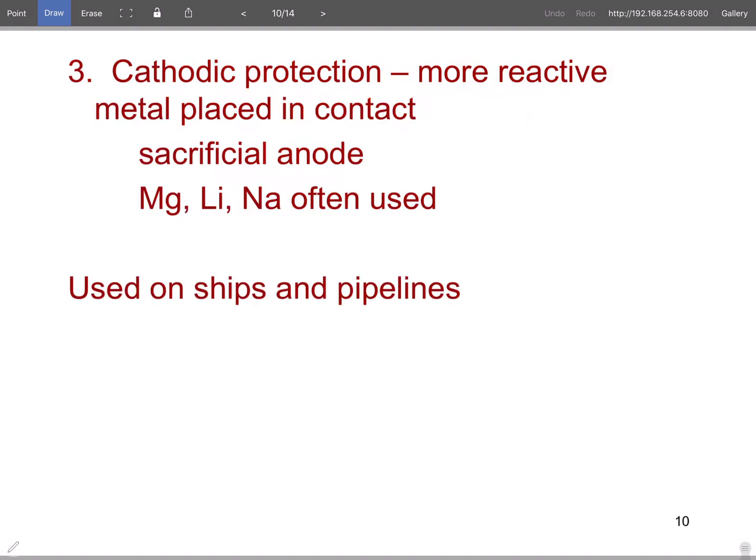Now the third way is cathodic protection. That's when you put a more reactive metal in contact. We call that reactive metal a sacrificial anode. Magnesium, lithium, and sodium are the most often used because they really, really want to act as anodes.